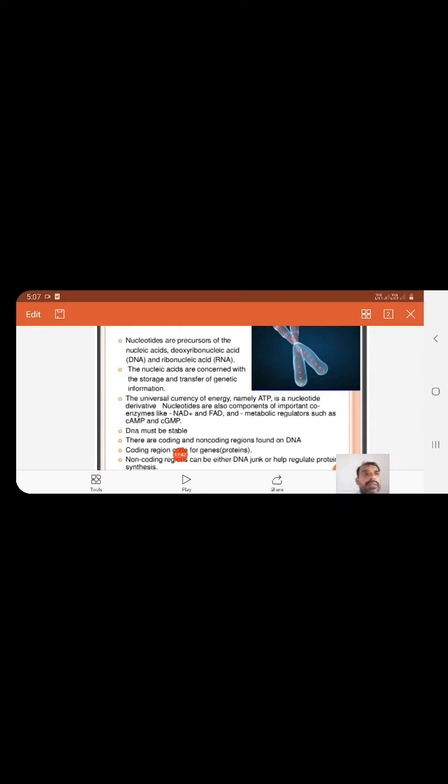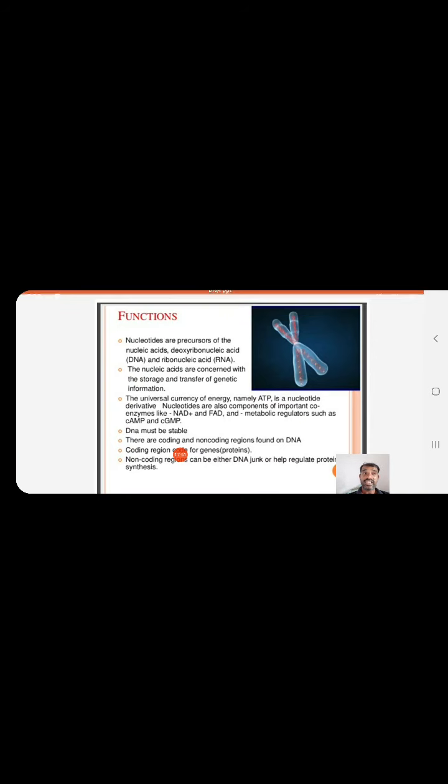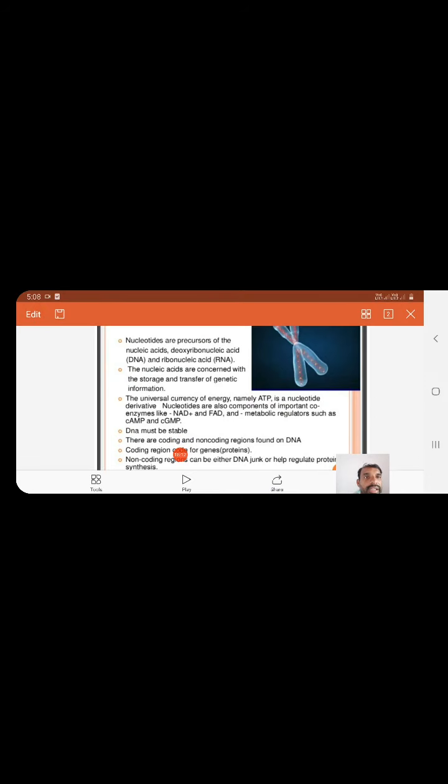This is very important in DNA. DNA also has a specialized function, that is auto-catalysis. What is auto-catalysis? It is the self-formation of DNA. I mean, the mother DNA produces two daughter DNAs, that is auto-catalysis.